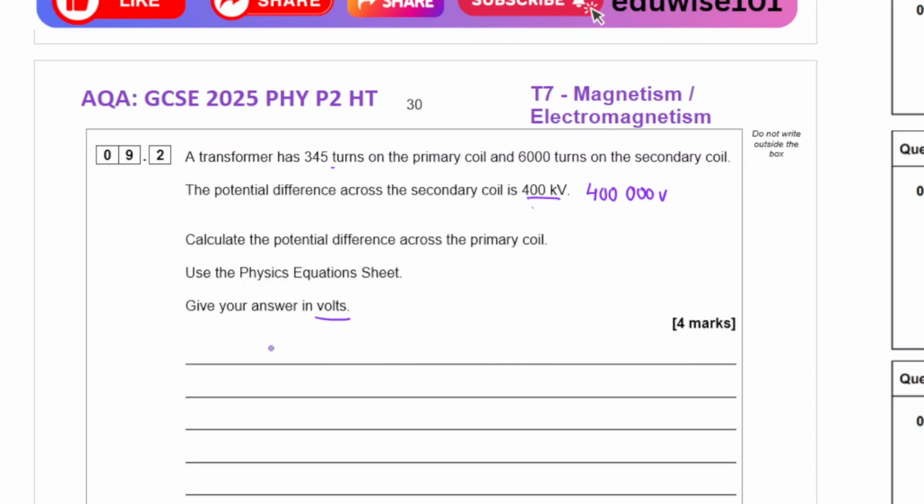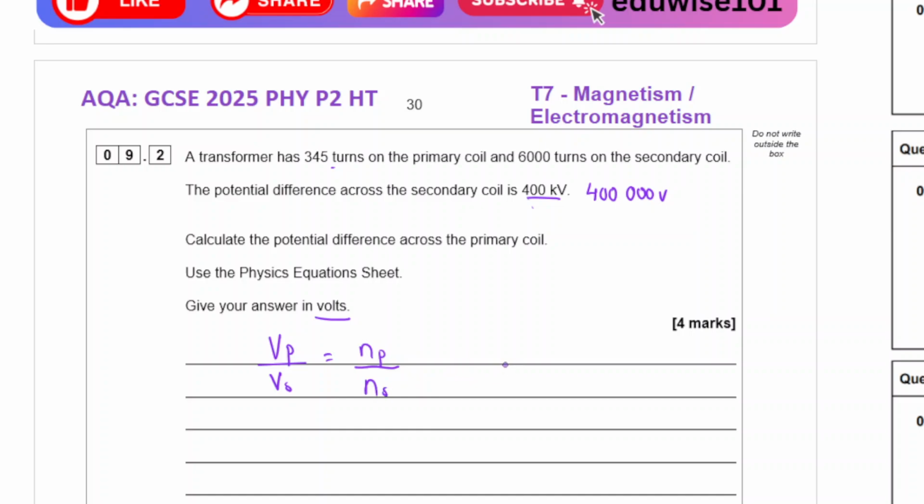So the equation is voltage on the primary coil divided by the voltage in the secondary coil is equal to the number of turns in the primary coil divided by the number of turns, not V, it's N, number of turns in the secondary coil.